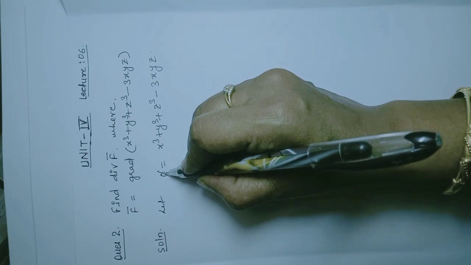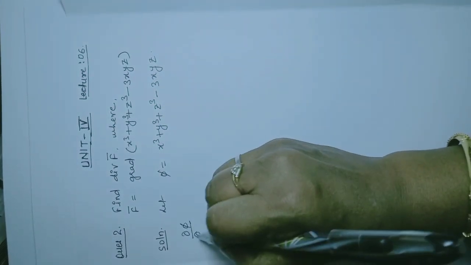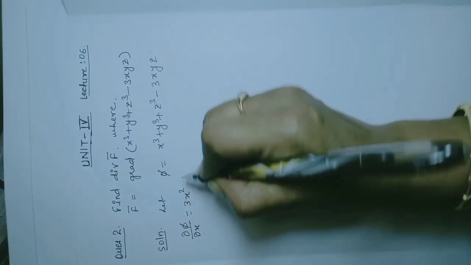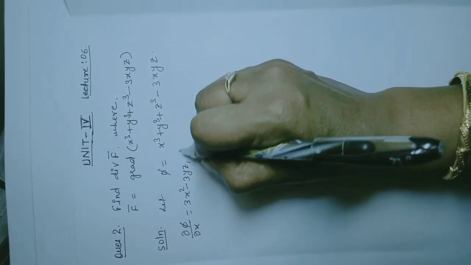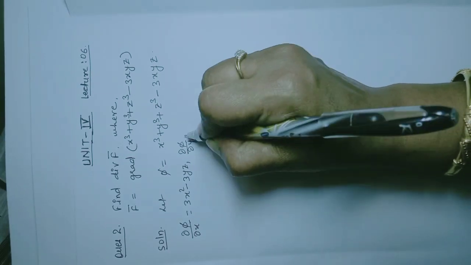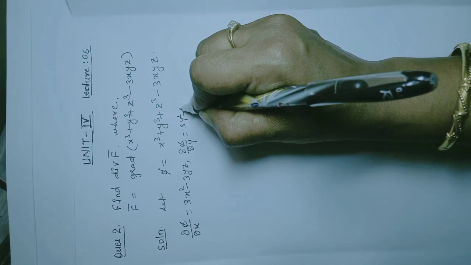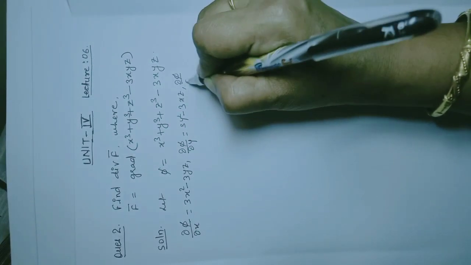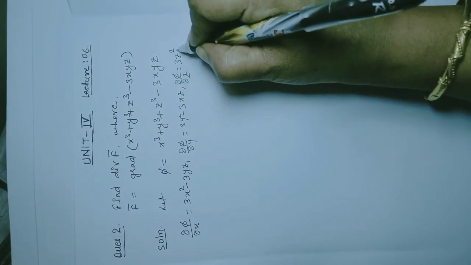So to find gradient of this surface phi, you need del phi by del x, which is equal to 3x square minus 3yz, del phi by del y, which is equal to 3y square minus 3xz, and del phi by del z, which is equal to 3z square minus 3xy.